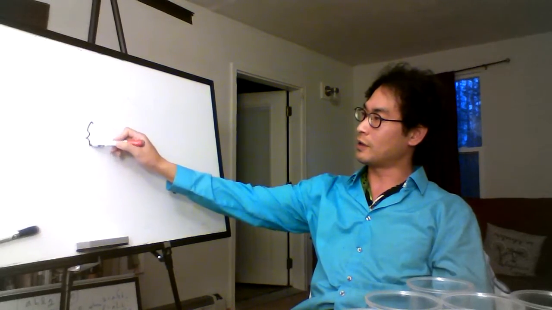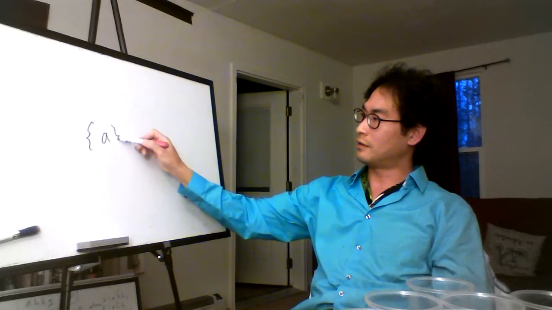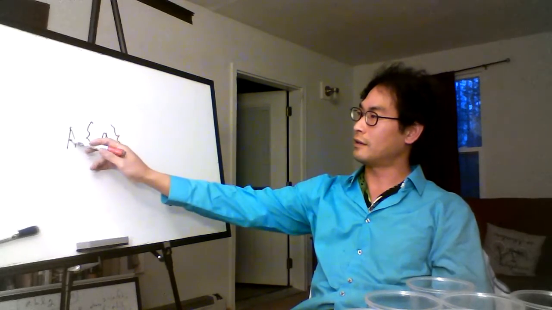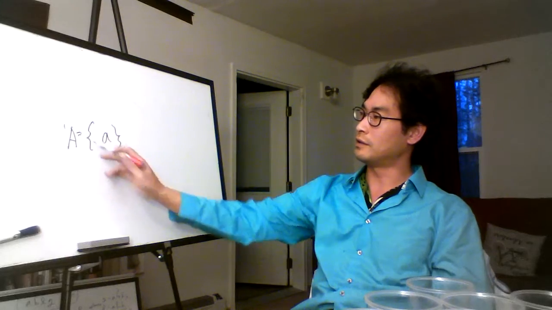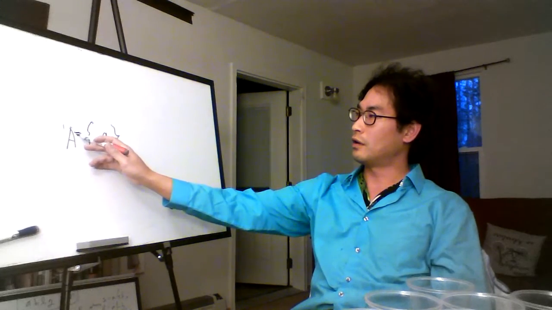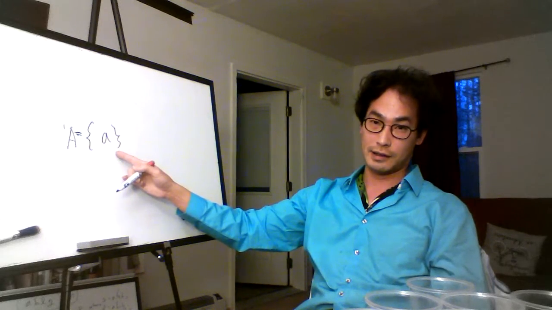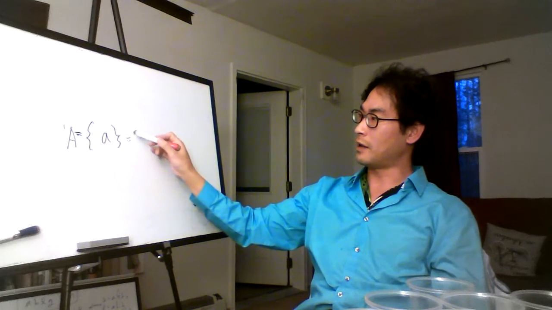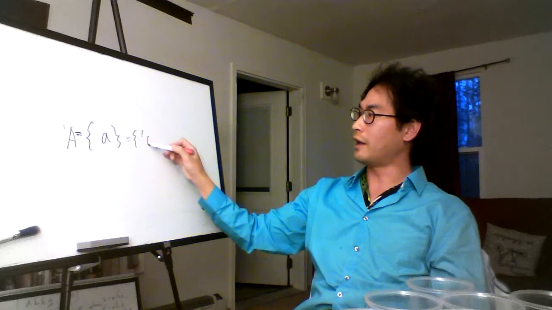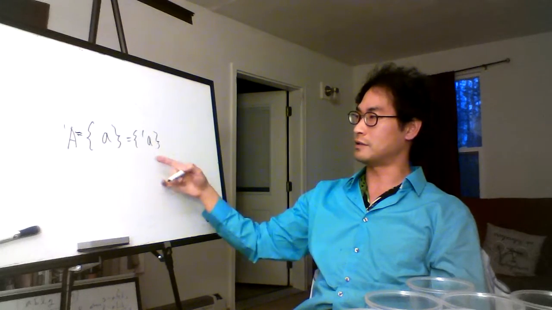I give you this. Set A1 is composed of the single element A, which is the same as 1A. There's only 1A in this set.